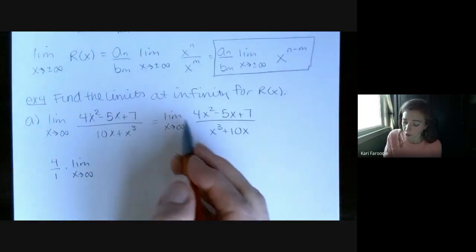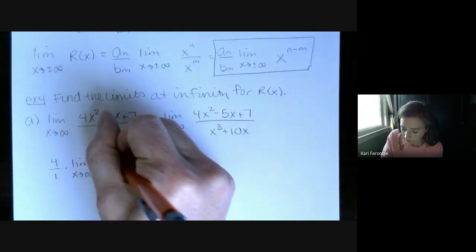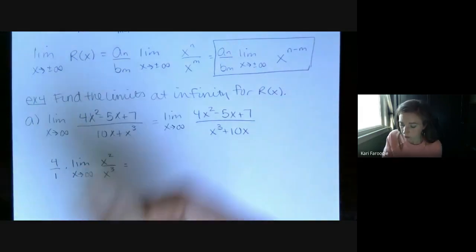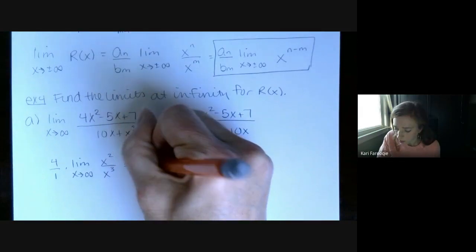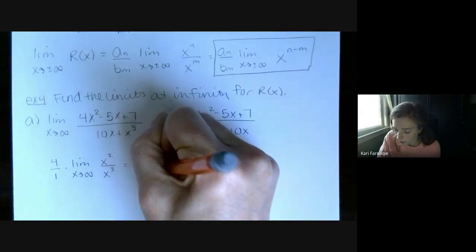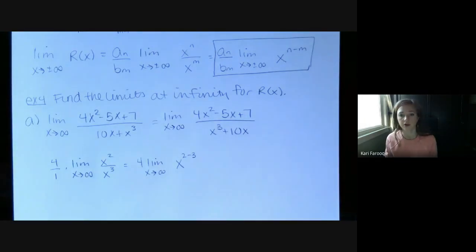And then the 4 is already moved in front, the 1's moved in front, and then you're taking x squared over x cubed. And this is a step you can skip if you'd like. But what I really want to see is that you take x to the 2 minus 3 power. So you're taking your base x to the exponent of the numerator minus the denominator.